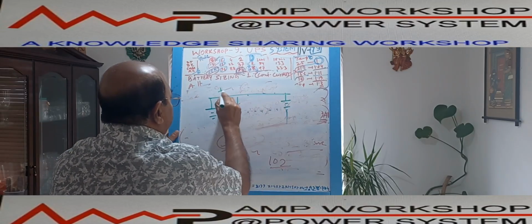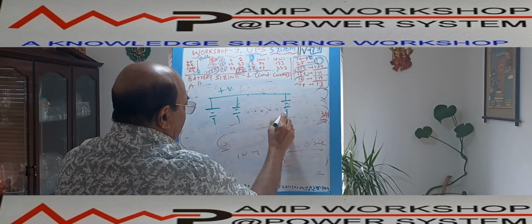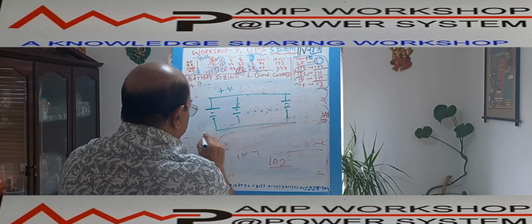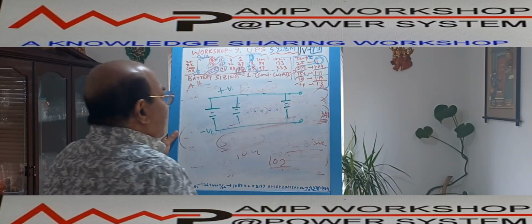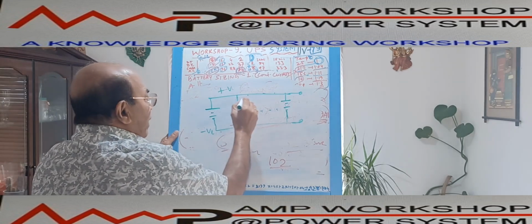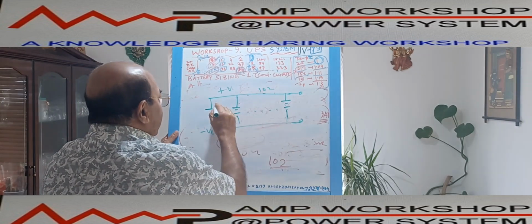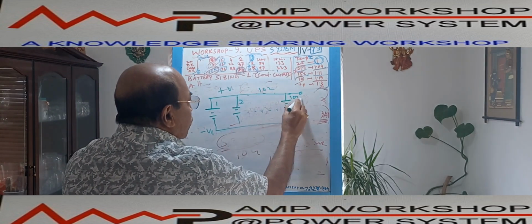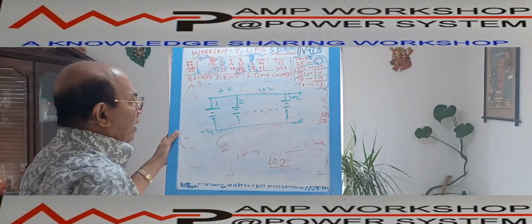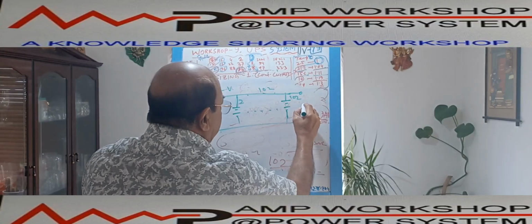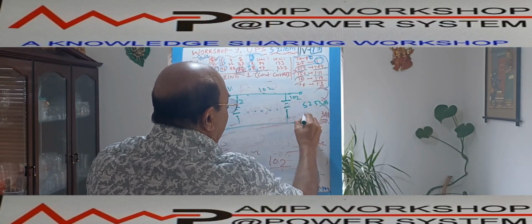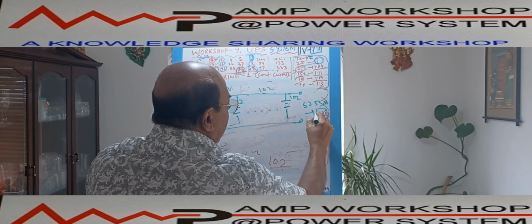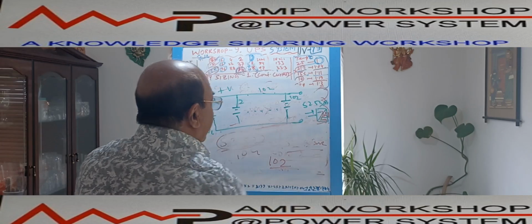This is the positive bus. And all the negatives will be connected together. This is the negative bus. And the load will be connected over here. So this will be a total of 102 banks like this, 1, 2, up to 102. They will be connected in parallel and will give the required capacity of 5253 ampere hour at the inverter input.